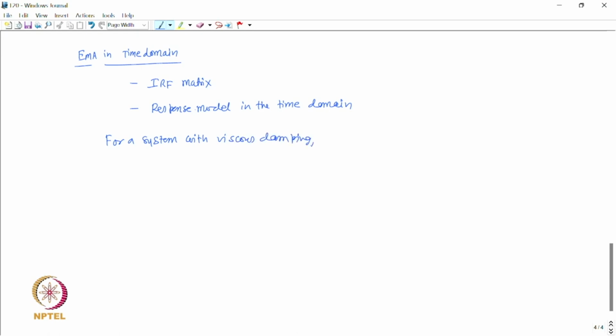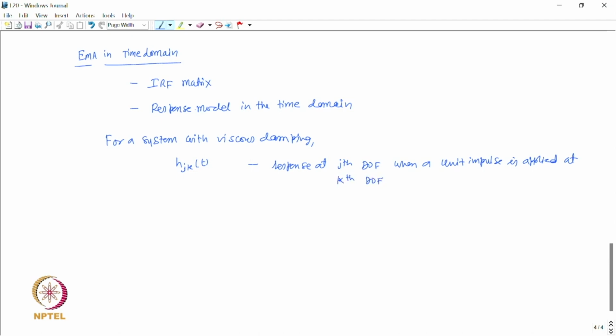one of the IRFs can be written as h jk(t), which is nothing but the response at the jth DOF when a unit impulse is applied at the kth DOF.